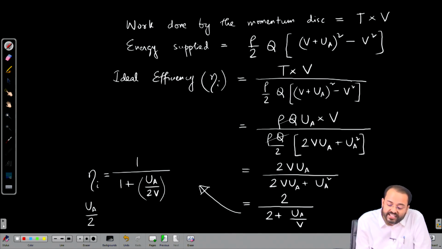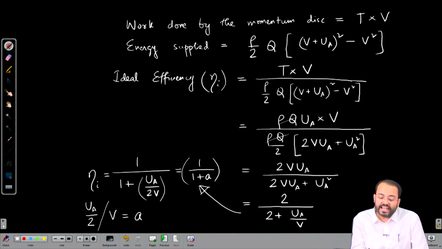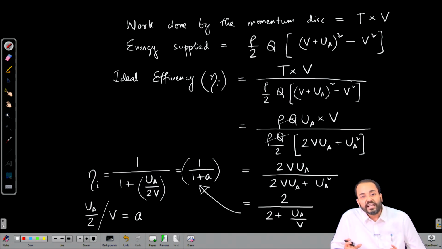So, that divided by the input velocity, if we write it as a, a non-dimensional fraction, then we can write eta I as 1 by 1 plus a, where a is basically the induced velocity at the propeller disk, non-dimensionalized using the velocity of moving forward, or the inflow velocity. So, this will be the ideal efficiency from the axial momentum theory.